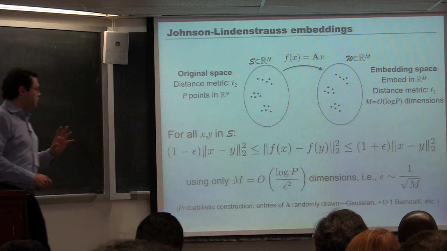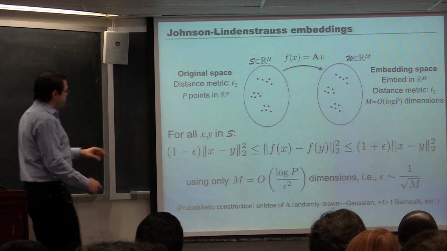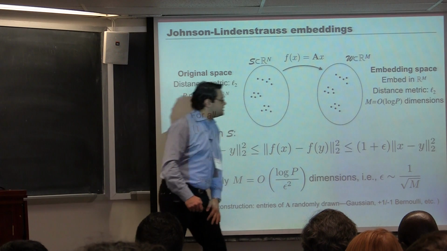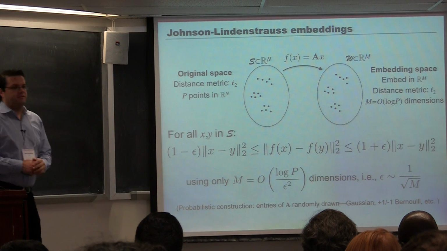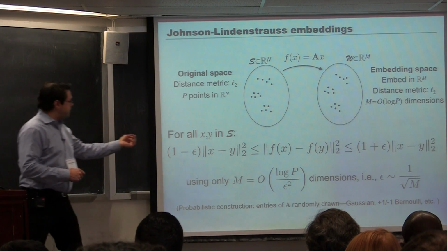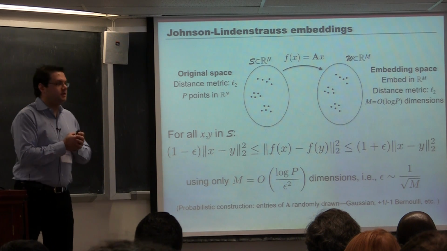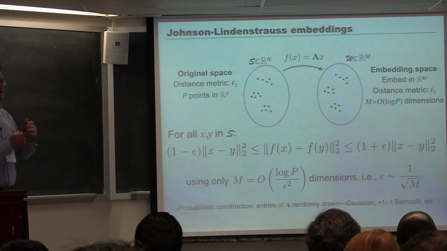And then there is this epsilon that decreases as 1 over square root of m. So if you want to have a better distance preservation, then you have to increase your measurements m.